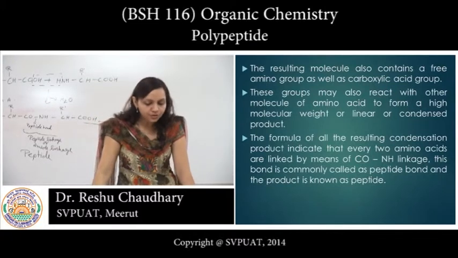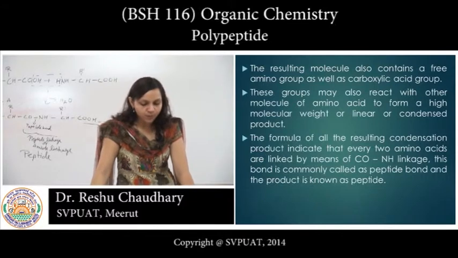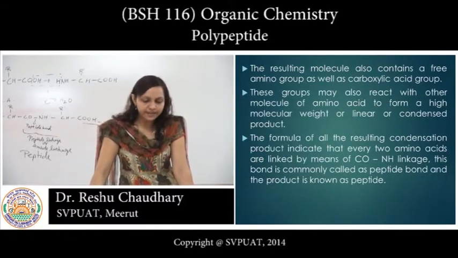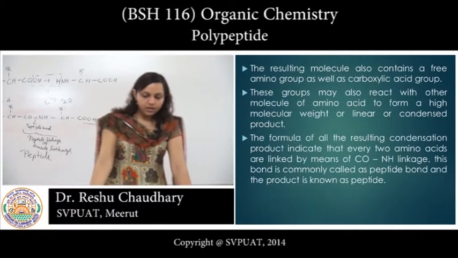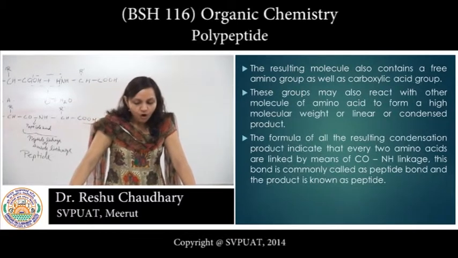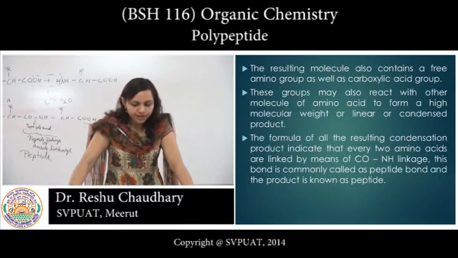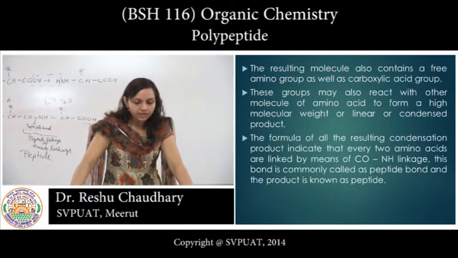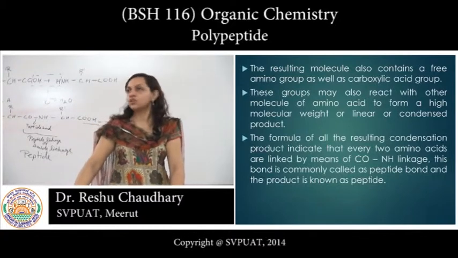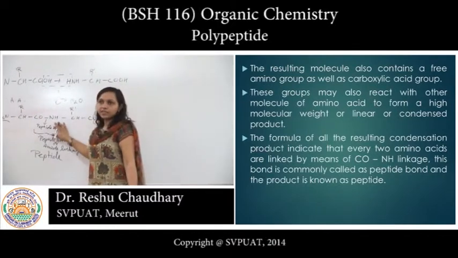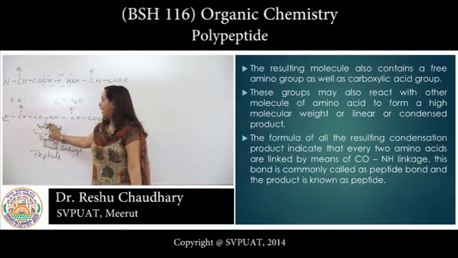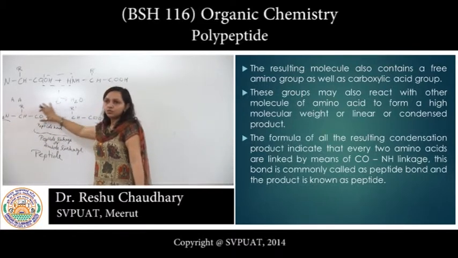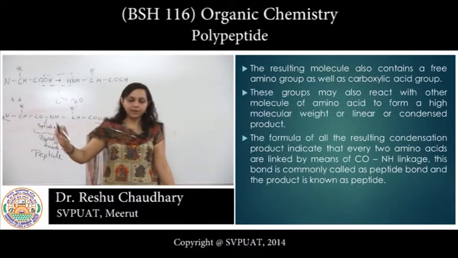These groups may also react with other molecules of amino acid to form a high molecular weight linear condensed product. The formula of all the resulting condensation products indicates that every two amino acids are linked by means of CONH. This CONH linkage is known as the amide linkage, or peptide linkage, and the bond between these two molecules is known as the peptide bond.